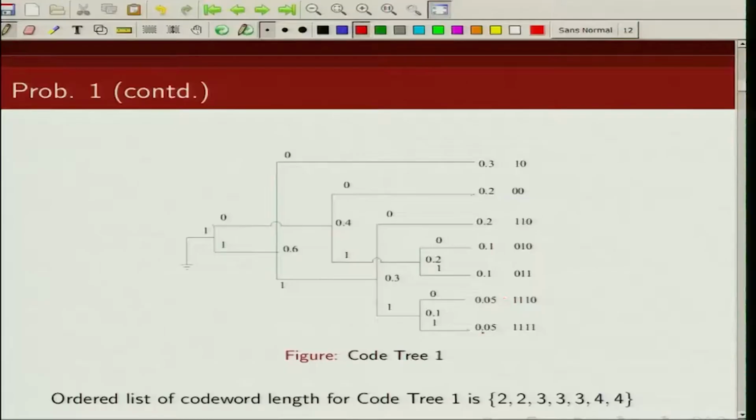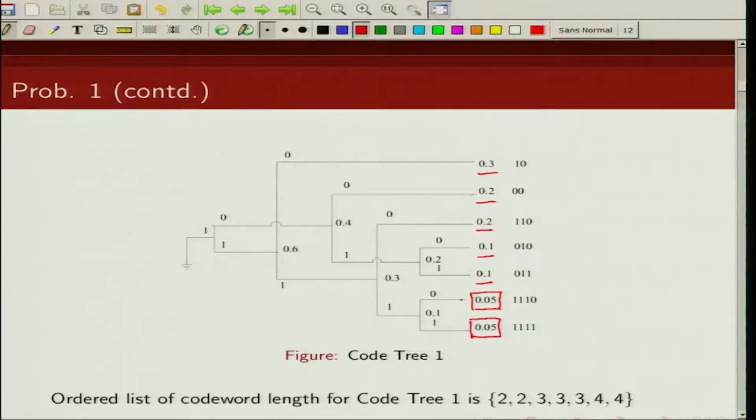So in this example, these are the probabilities of the U_i: 0.05, 0.05, 0.1, 0.1, 0.2, 0.2 and 0.3. So first we are going to combine these two.